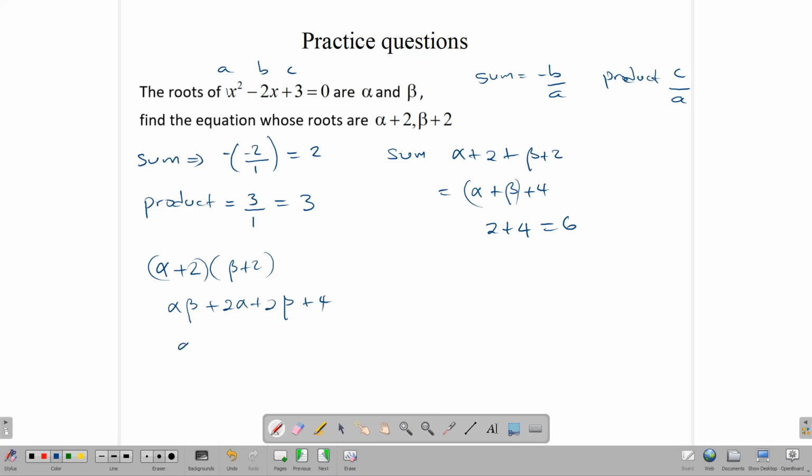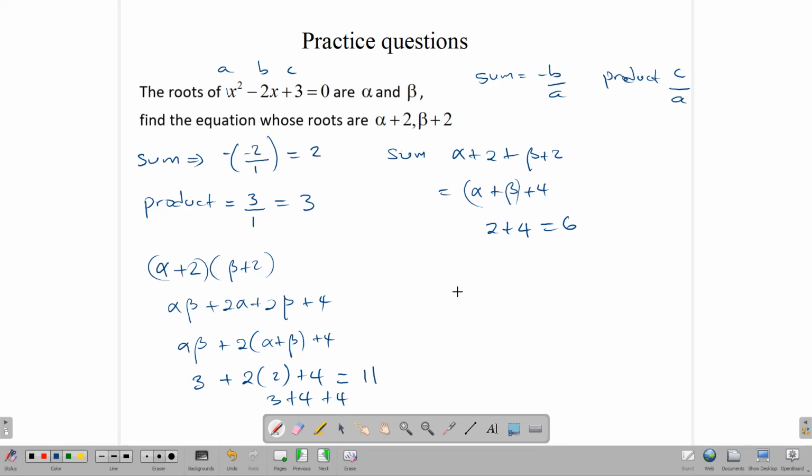And this can be simplified as alpha times beta plus 2 times alpha plus beta plus 4. And we know what these are. Alpha times beta is the product. The product is 3 plus 2. The sum of the roots is 2 plus 4. And that adds up to 3 plus 4 plus 4. And that gives us 11.